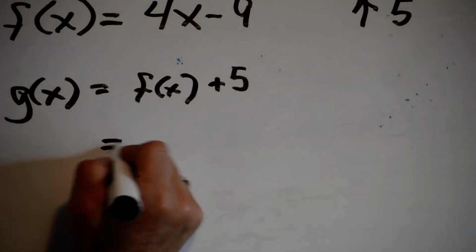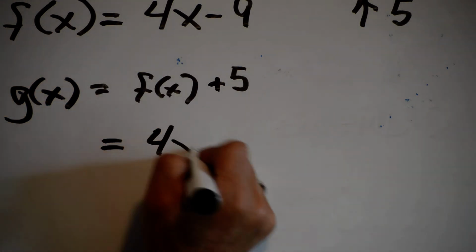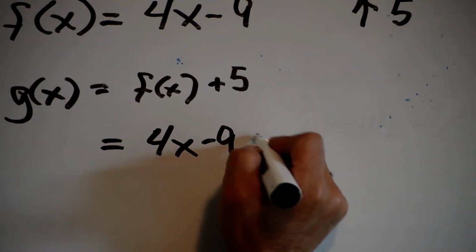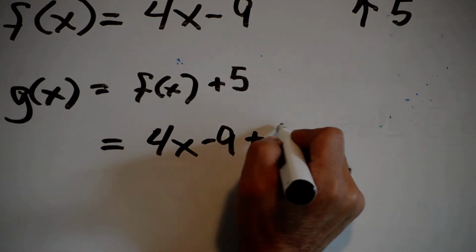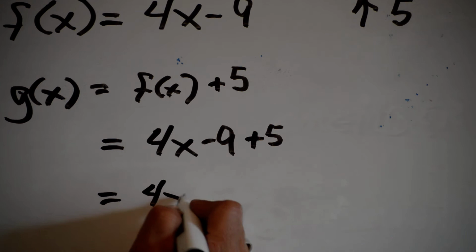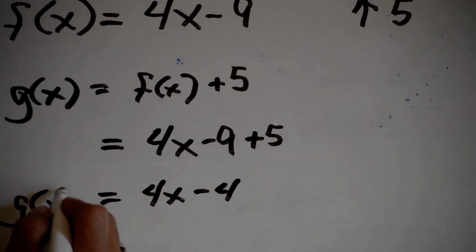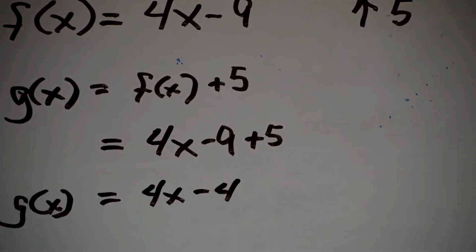So this is equal to my f of x, 4x minus 9. Now we have the plus 5. So this is equal to 4x minus 4. So g of x, my new function with a translation of 5 units up, gives you 4x minus 4.